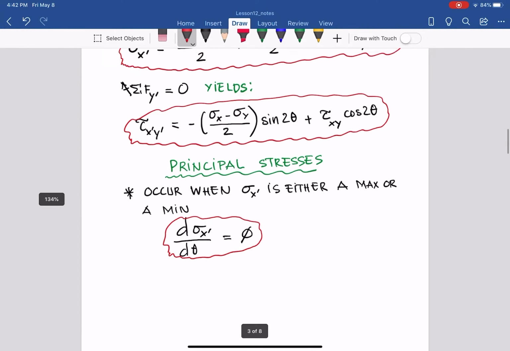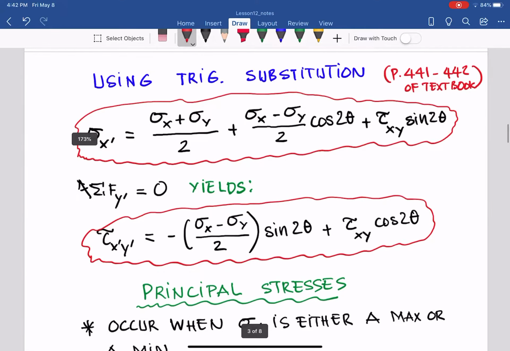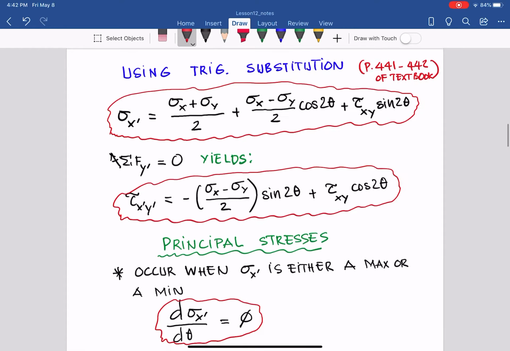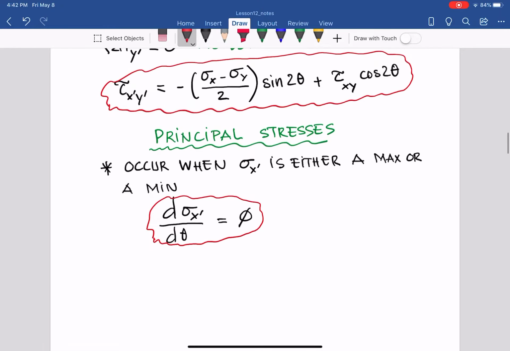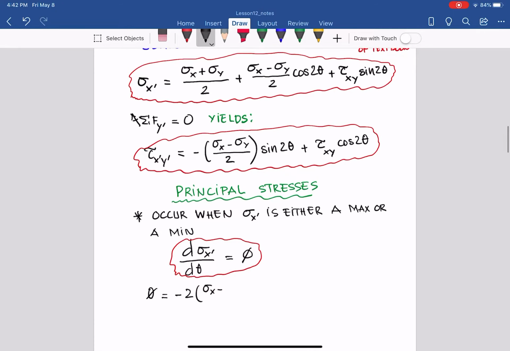So with that equation here, let's take the first derivative with respect to theta and make it equal to 0. So we have 0 equals negative 2 times sigma x minus sigma y over 2 times sine 2 theta. The first component, sigma x plus sigma y over 2, if you take the derivative with regard to theta is 0, right?